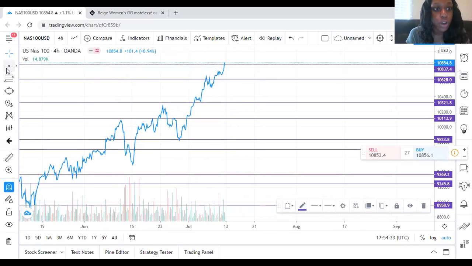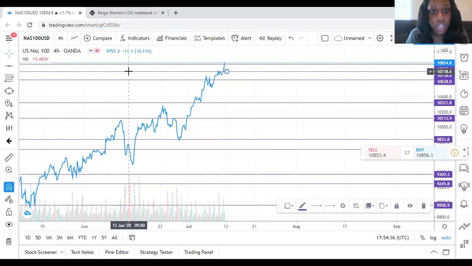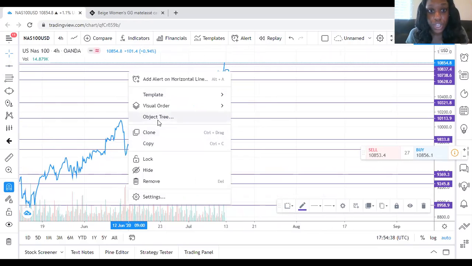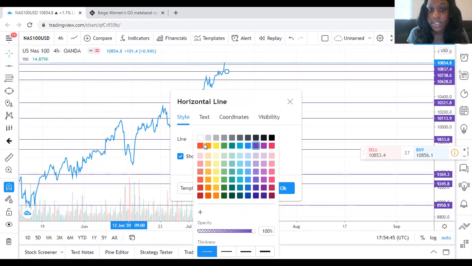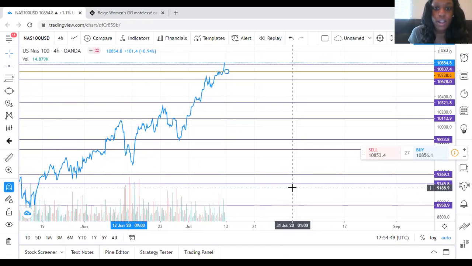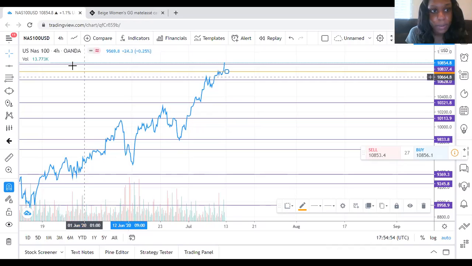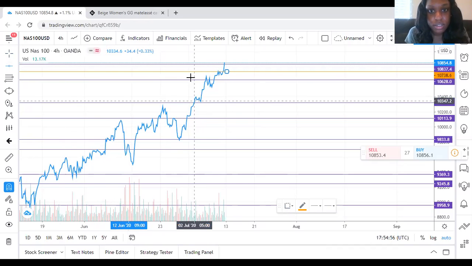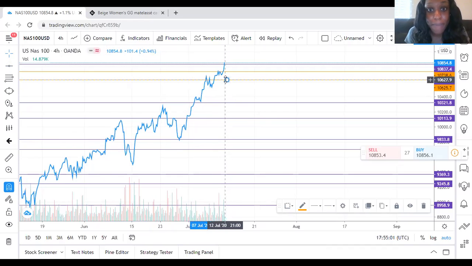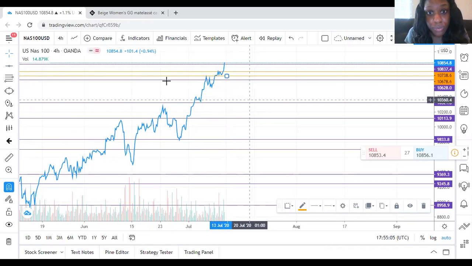But we're going to change the color so we can know that this is the H4 resistance zone, this is the daily resistance zone, this is the hour resistance zone. You know what I'm saying? So I'm going to put it right here. So 2 to 3 zones, 3 max. Each zone right here, boom.